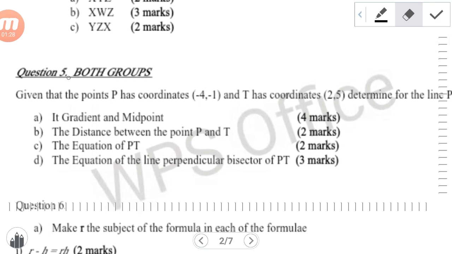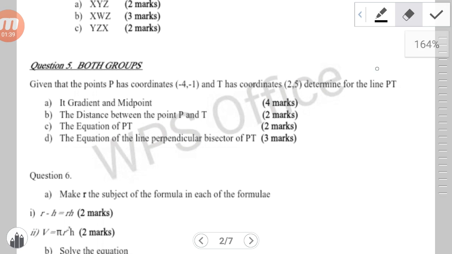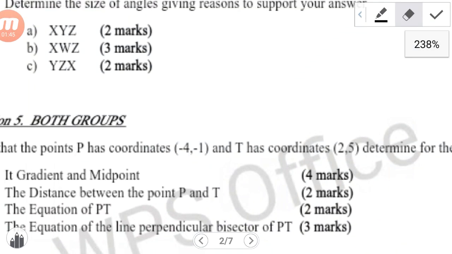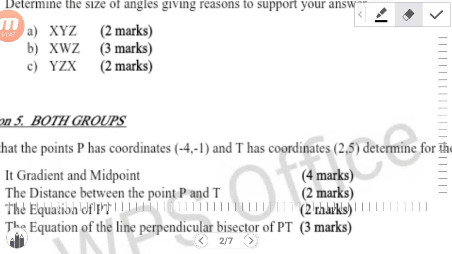So question 5 says that we are given that the point P has coordinates (-4, -1), and T has coordinates (2, 5). We are to determine for the line PT its gradient and midpoint. I think I have enough space to do it right here. So we need the gradient formula.